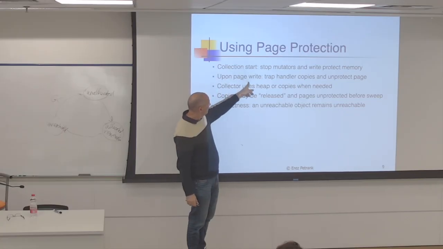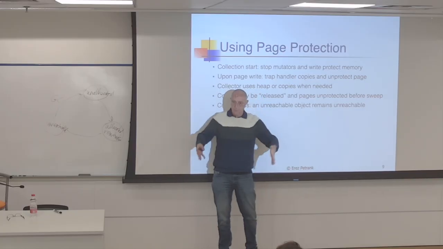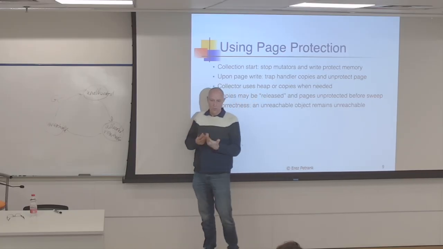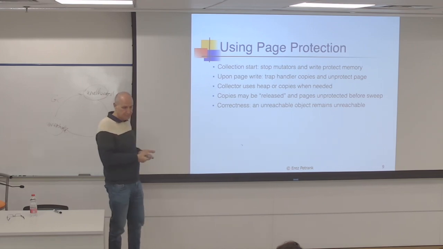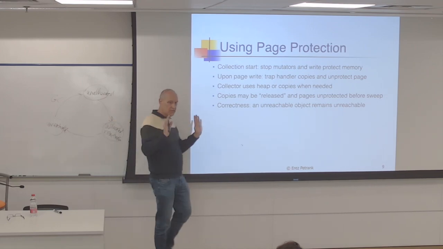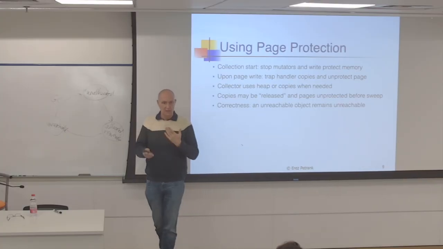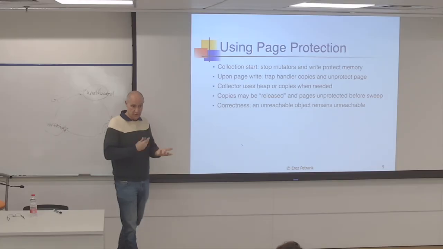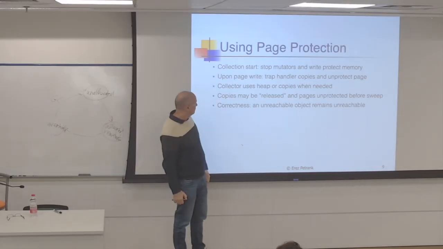And if the program writes something, then the trap handler just copies that page so I can use the old values of this page to do the tracing. So whichever page changes, I have a copy of the old values of that page, the old pointers that reside on this page that I can trace.